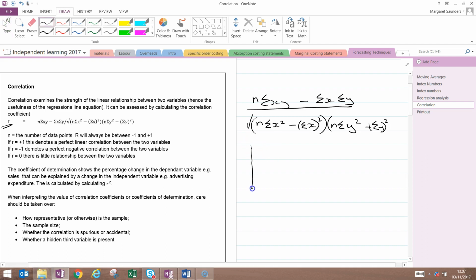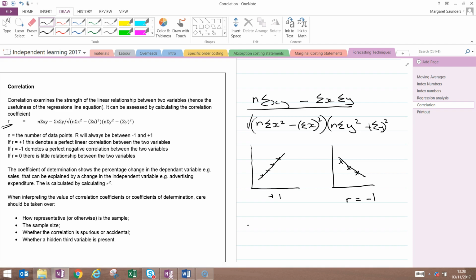On a graph, perfect positive correlation would look like that. So r would be +1 and this would be r equal to -1. So we've got a negative correlation and a positive correlation. If r is 0, then there is no relationship between the two variables.